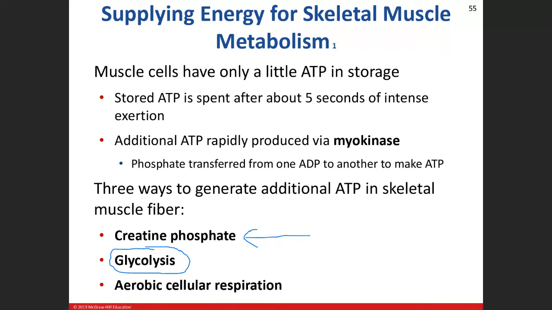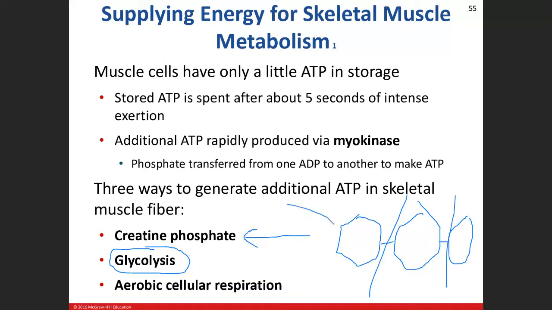Remember, glycogen is just a whole bunch of glucose molecules strung together. So we're going to start chopping those pieces off. Here's a glucose molecule attached to another glucose molecule attached to another. Through glycolysis, I'm chopping them off and releasing glucose into the bloodstream.